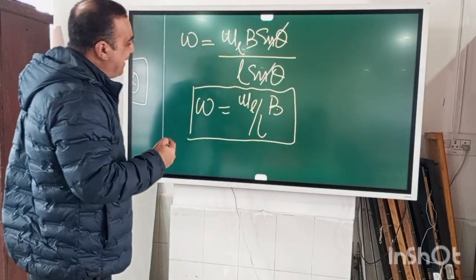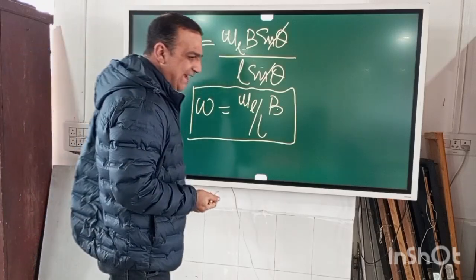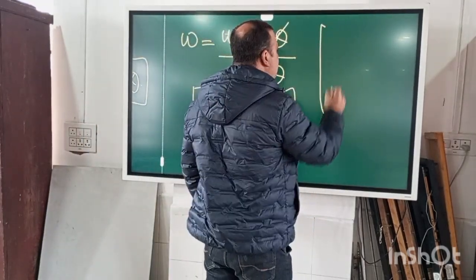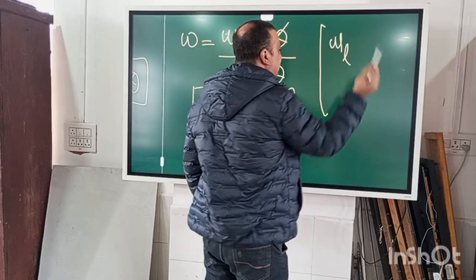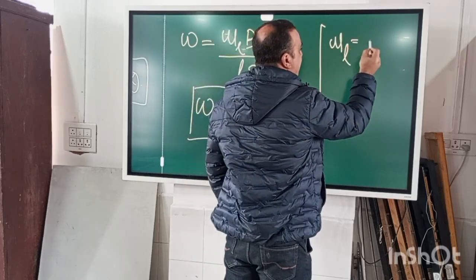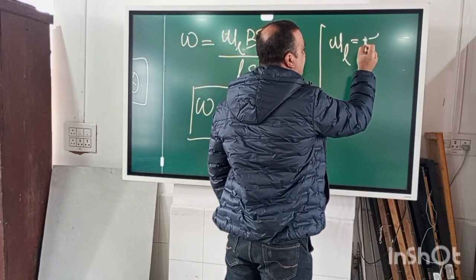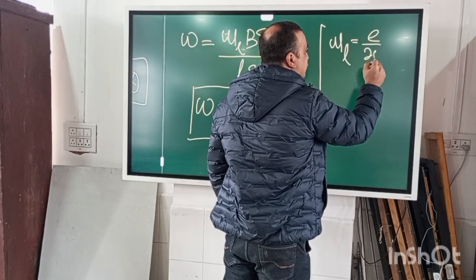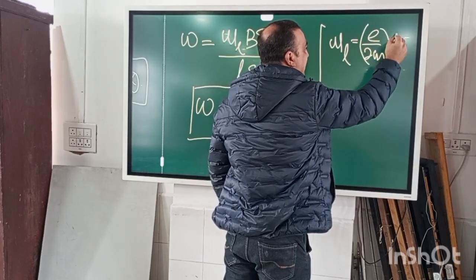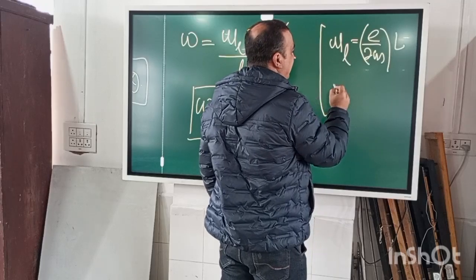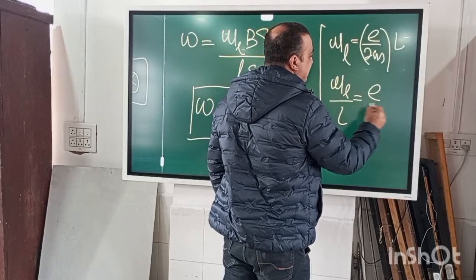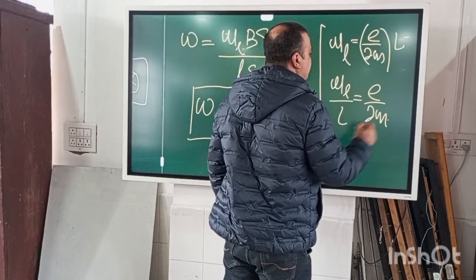And from the basic definition of the orbital magnetic moment of a one-electron atom, we know that the magnitude of mu_L, if I write down only the magnitude, is, it has to be plus because I'm talking about the magnitude, e by 2m times L. So from this equation we can see that mu_L by L is nothing but e by 2m.